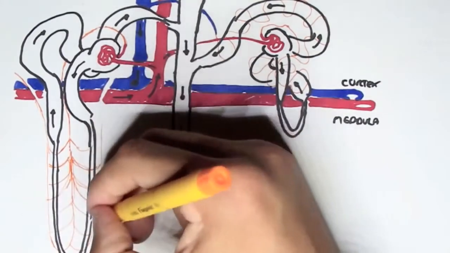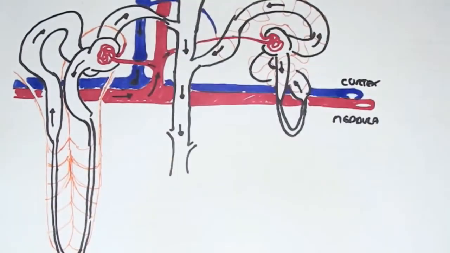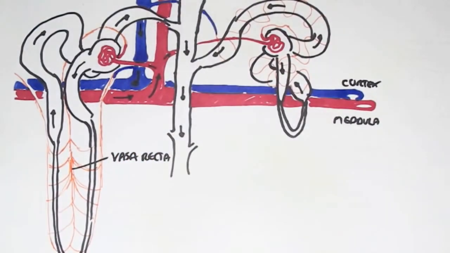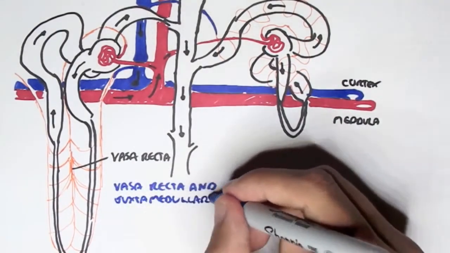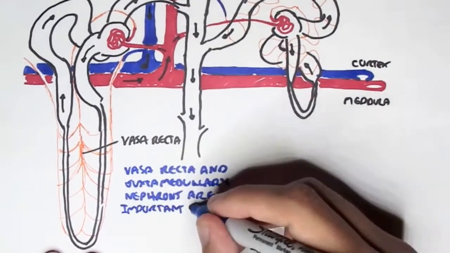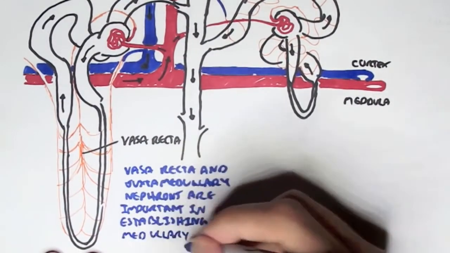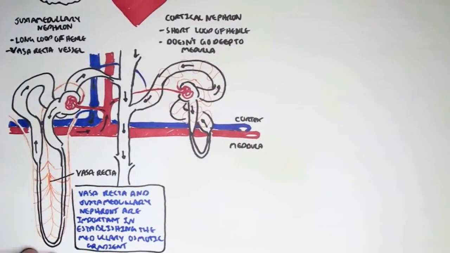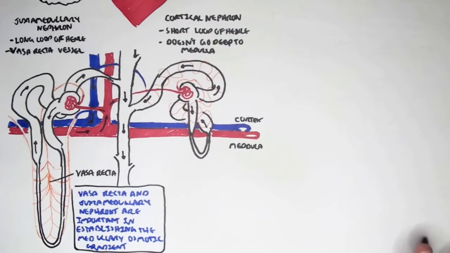And what's important about vasa recta is that it's a straight vessel, and this enables some serious secretion and reabsorption of water down this big loop of Henle. And so the vasa recta and juxtamedullary nephron are important in establishing the medullary osmotic gradient, and so help in water balance and in making the urine concentrated or not as concentrated.